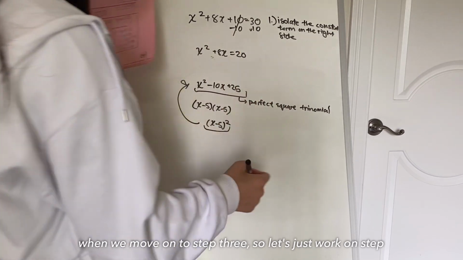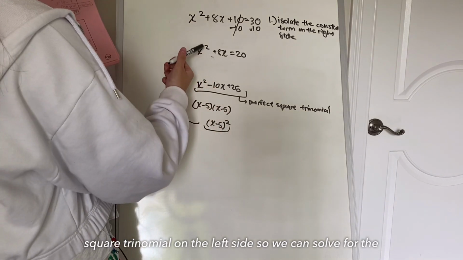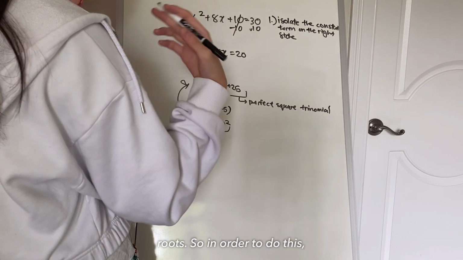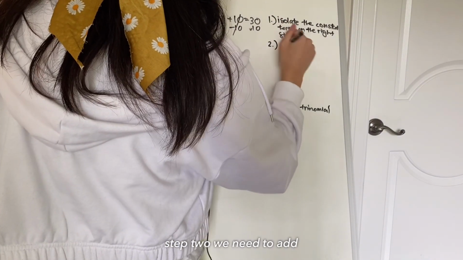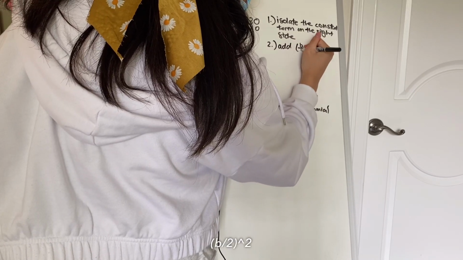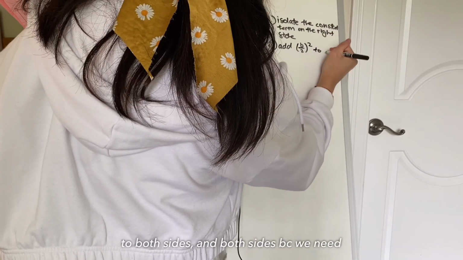So let's work on step 2, which is to create a perfect square trinomial on the left side so we can solve for the roots. In order to do this, we need to add b over 2, in parentheses, squared to both sides.